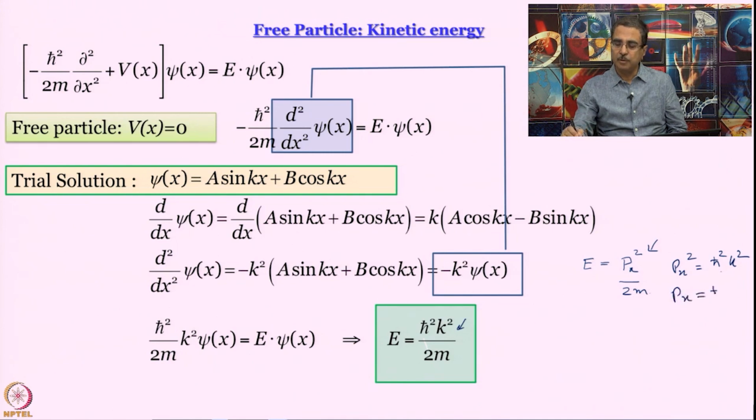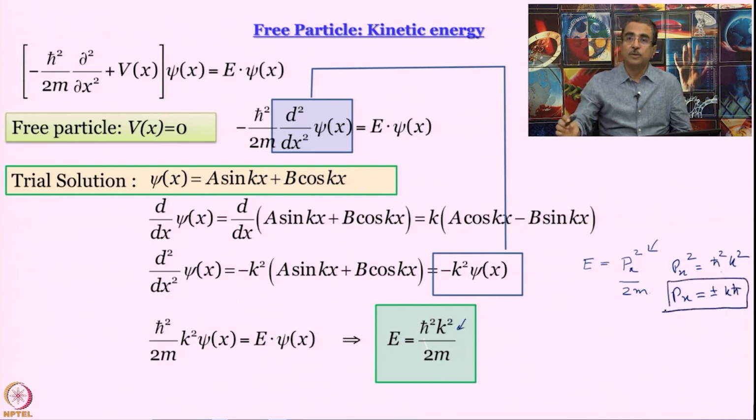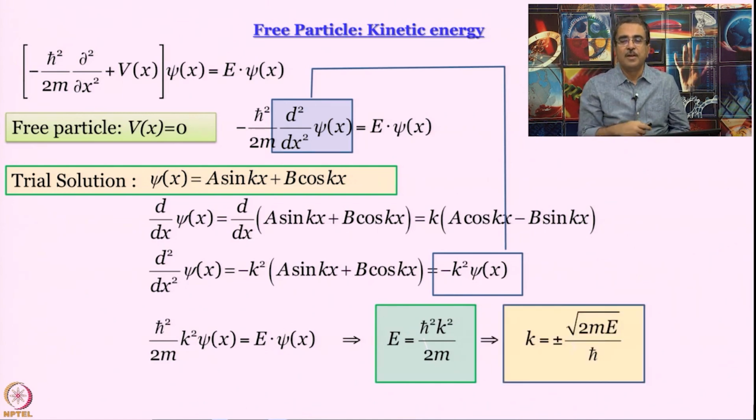That will be equal to plus minus k h cross. So what we see is that it appears that we are going to have a momentum of k h cross, and the particle can move in this direction or in that direction. Okay. So that is what seems to come out, and we are going to arrive at it in another way also.